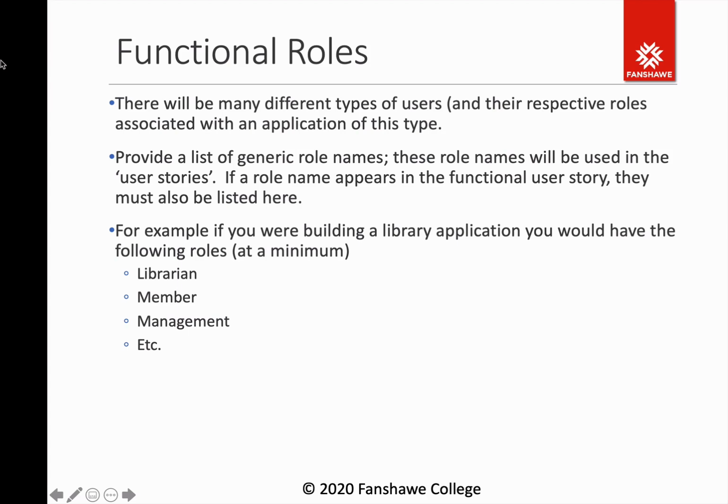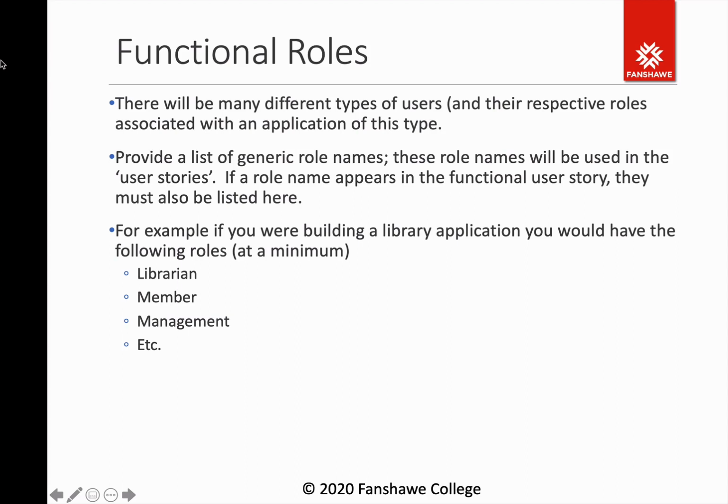Okay, so that's kind of the big idea. We want to build an electronic menuing system. Well, who's going to provide that information? So, in other words, what roles exist in that business that potentially can provide requirements for your application?